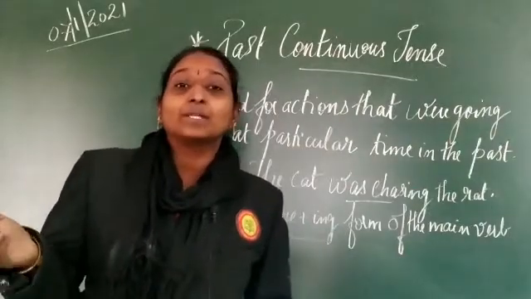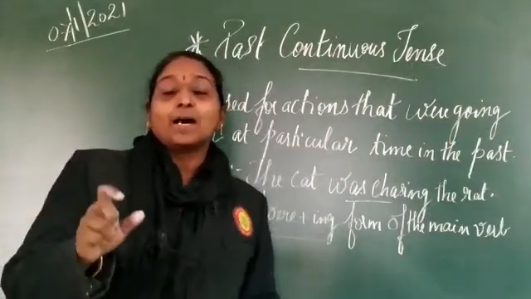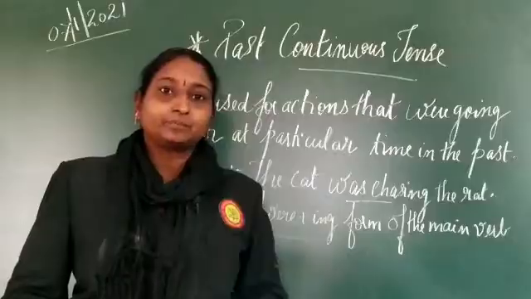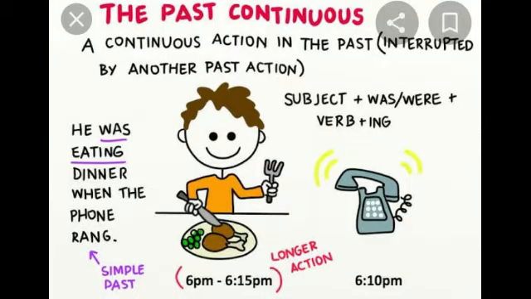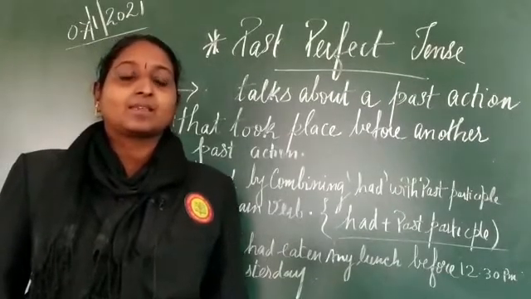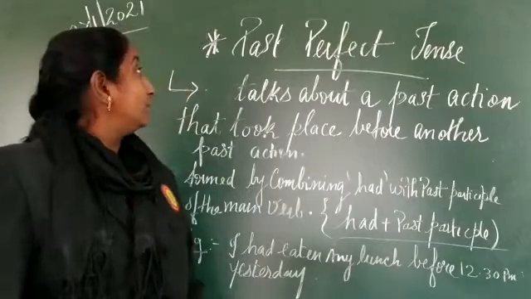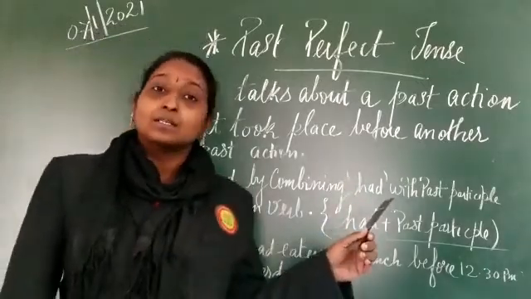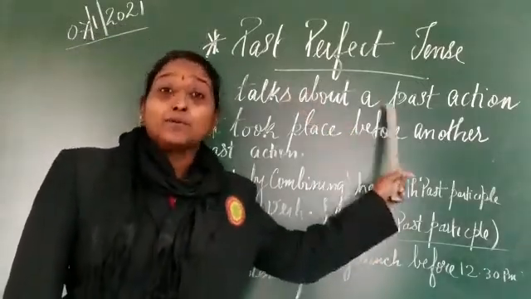Now I will move on to the next topic, which is past perfect tense. Now we will go with the third form of the past tense, the past perfect tense.